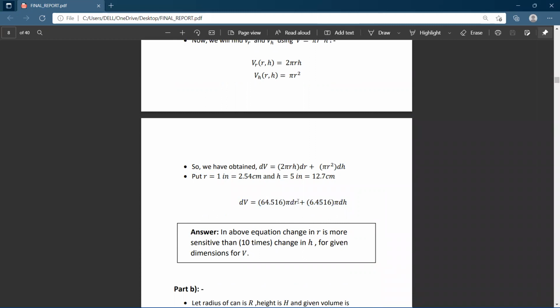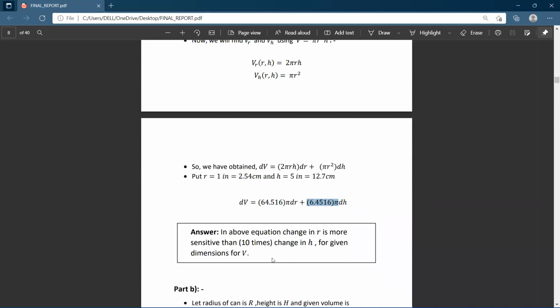After putting that in, I obtain this equation. So here we can clearly say that a small change in r can make more change in dV, but a small change in dh cannot make that many changes in dV, because here the term is 64.516, and here the term is 6.4516, which means this term is 10 times bigger than that term.